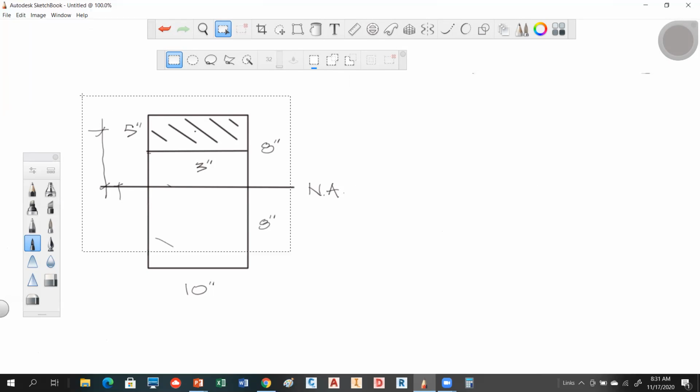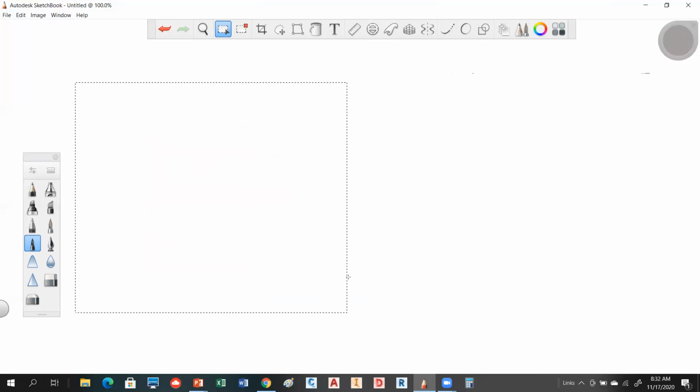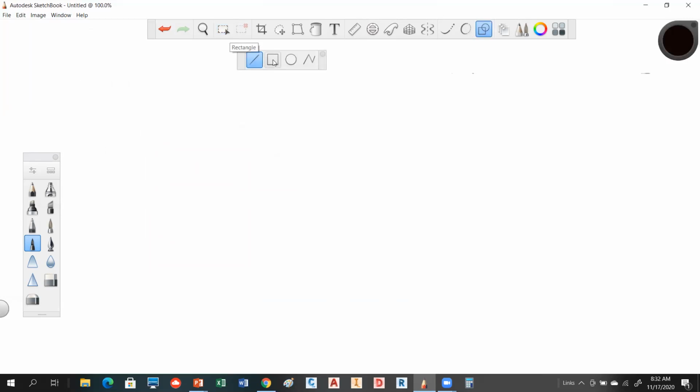So let me clean this up a minute. Actually, I'm just going to take everything out and redraw it. So if you have a truly just rectangular cross section, you can use a very simplified shear equation. There's my rectangular cross section.